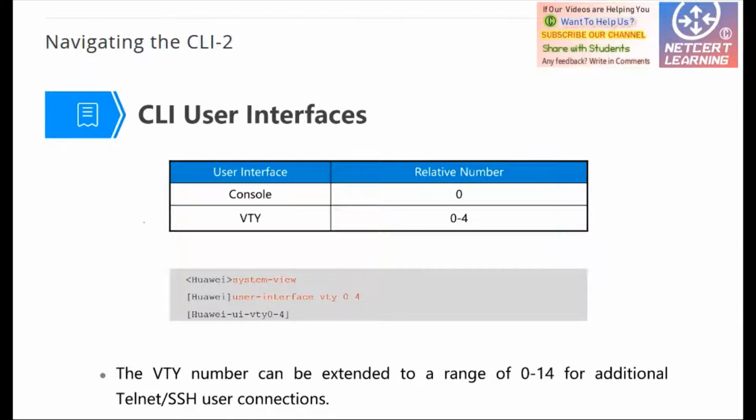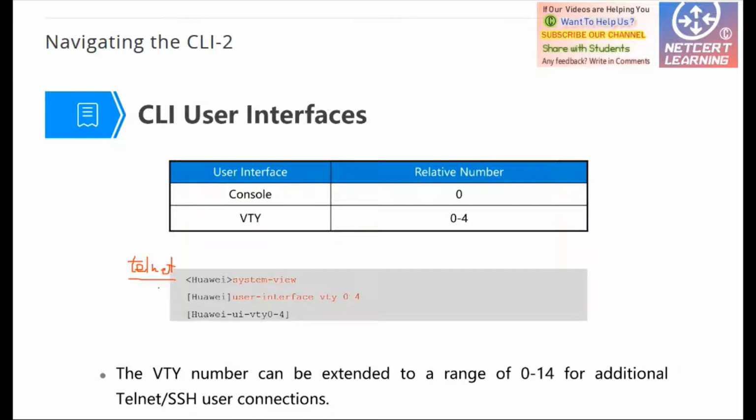By default, if you get a new device, you cannot Telnet to it. You must finish the initial configuration, then you can Telnet to it. Telnet and SSH are also command line interfaces.